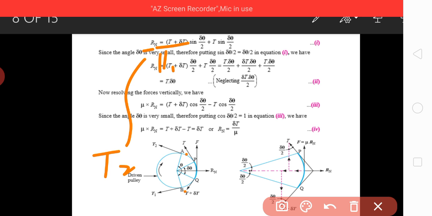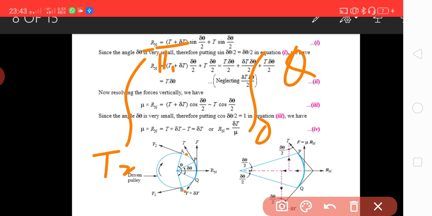Similarly, the angle is from A to B, it increases from 0 to theta. So the angle we are integrating from 0 to theta, and tension from T2 to T1.